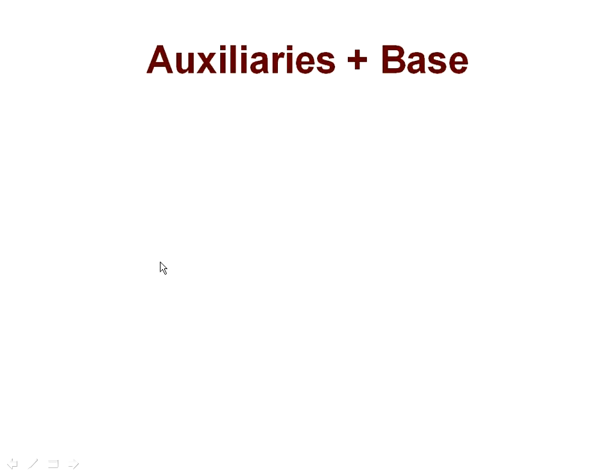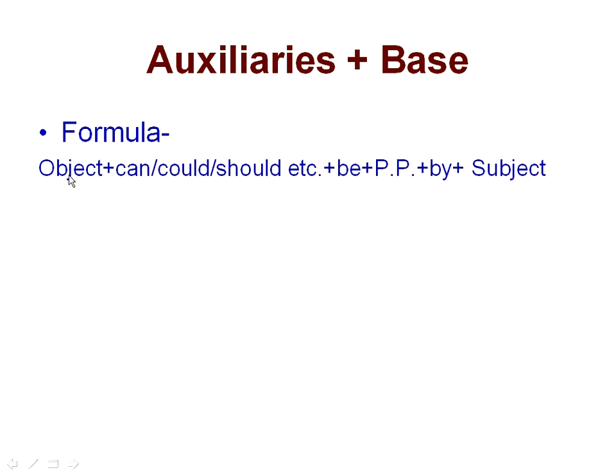Students, sometimes there will be auxiliaries in the sentence like can, could, may, might, must, and after that the base, means main verb. At that time we have to use this formula: object plus can, could, should, etc., any auxiliary verb plus be plus past participle of the verb plus by plus subject.